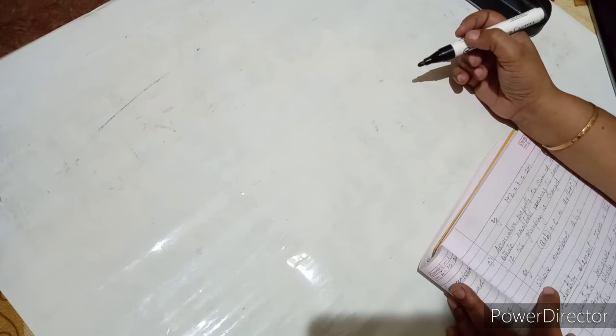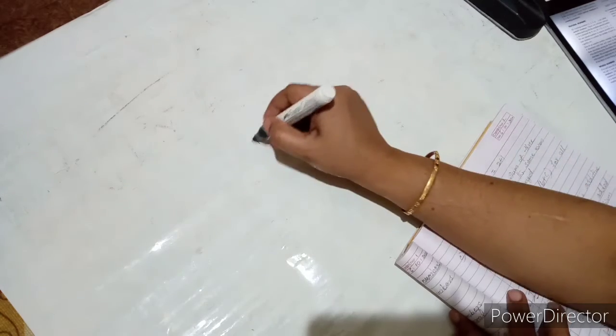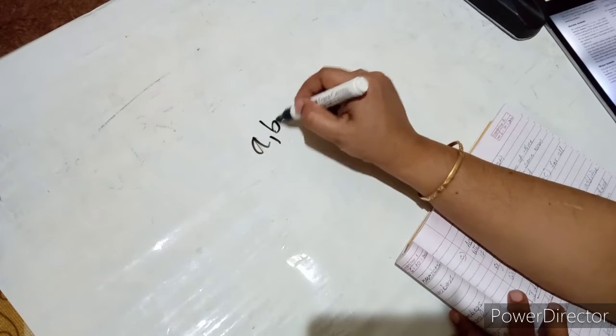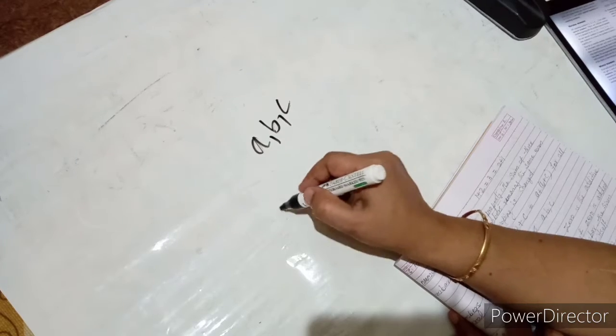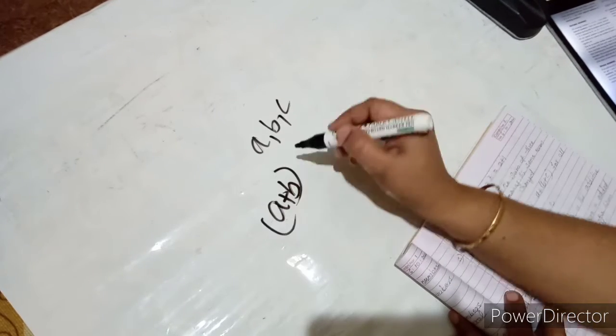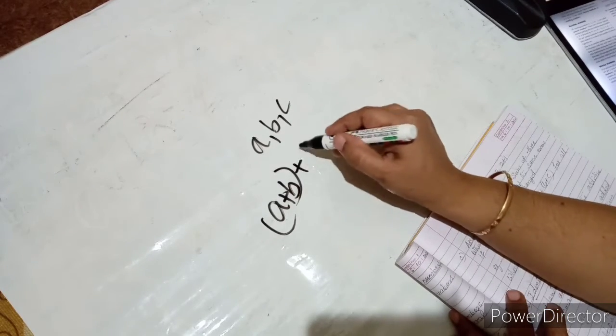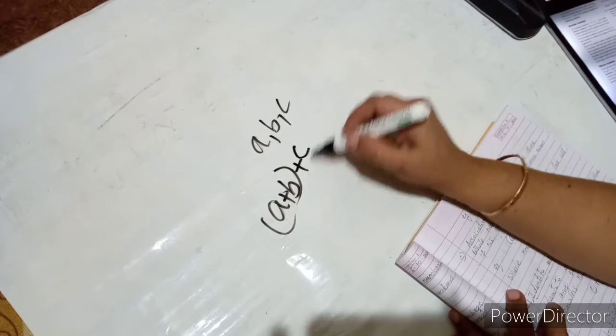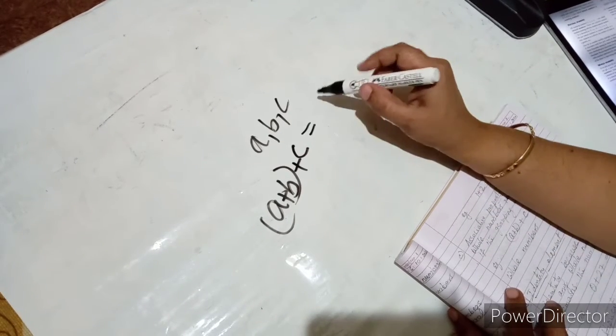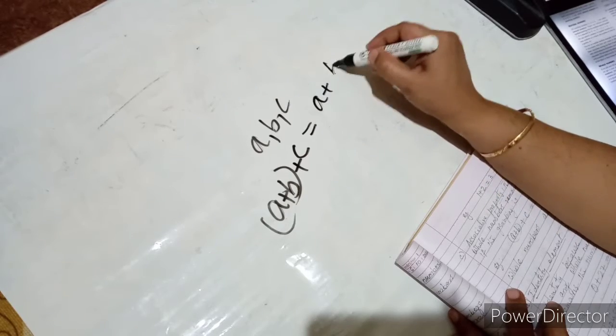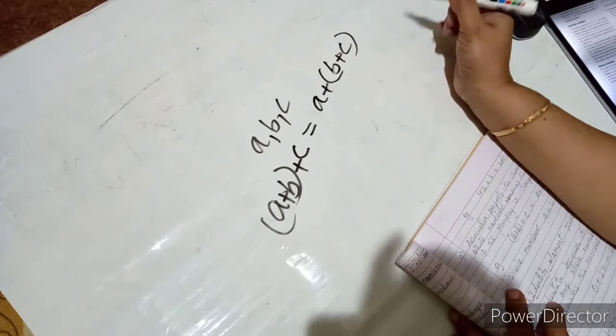Okay. Next is associative property. Associative property tells the sum of three whole numbers remains the same even if the grouping is changed. That means if A, B, C are three whole numbers, then A plus B, if we group A plus B and then the sum is added to C, is the same as A plus, if we group B and C together.